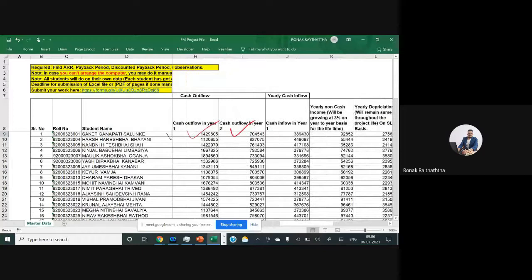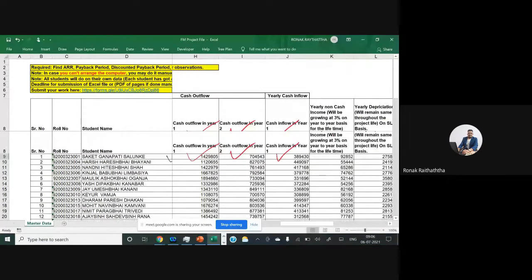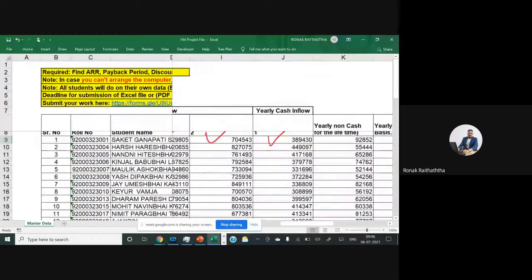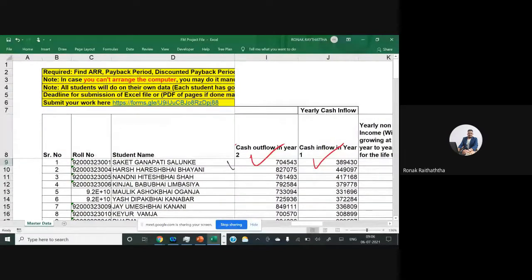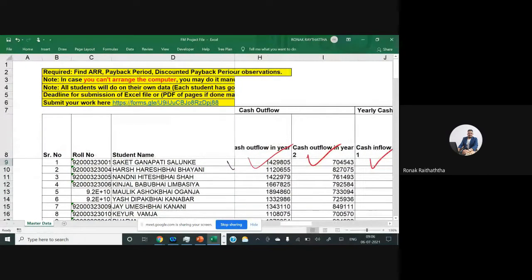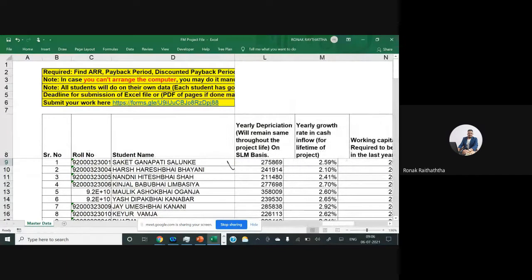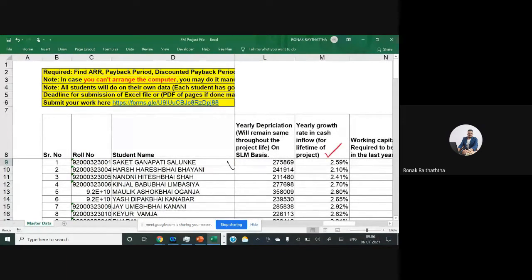Then cash inflow is given to you in only one column. But one care you will have to take here, friends, is that though cash inflow is not given for all the years of useful life, there is a growth rate given to you. Check here. What is the meaning of growth rate? On a yearly basis, you will increase your cash inflow by this percentage.